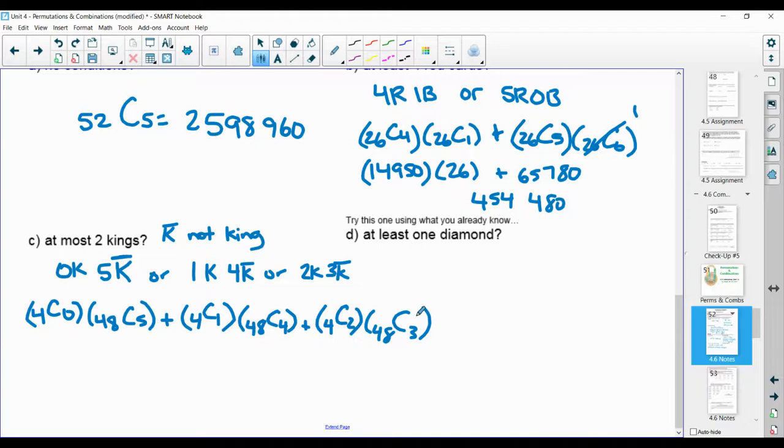Now if we write all of this out and add it all up, this 4 choose 0 is just 1. 48 choose 5 is 1,712,304. I'll write out the numbers here. I won't read them all out.